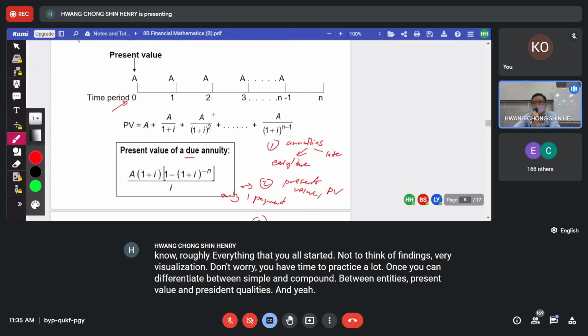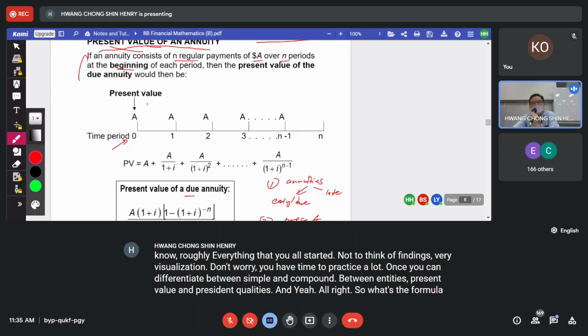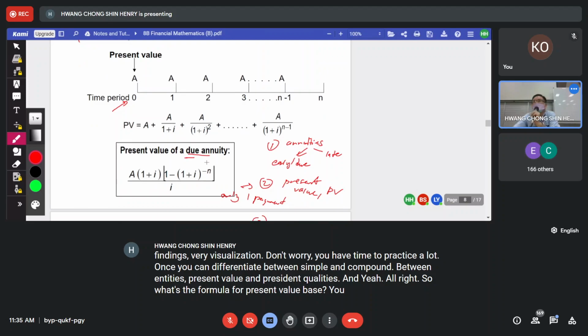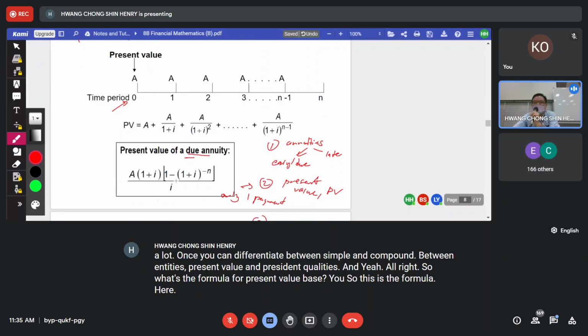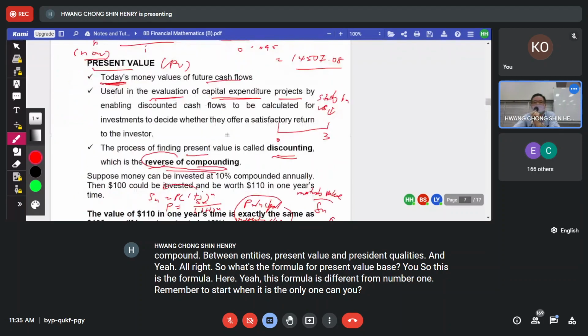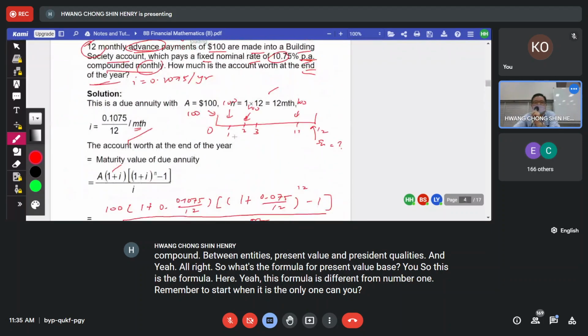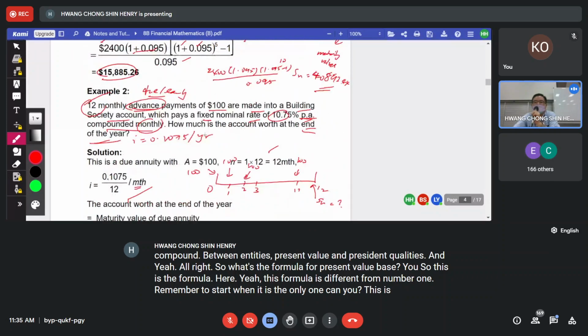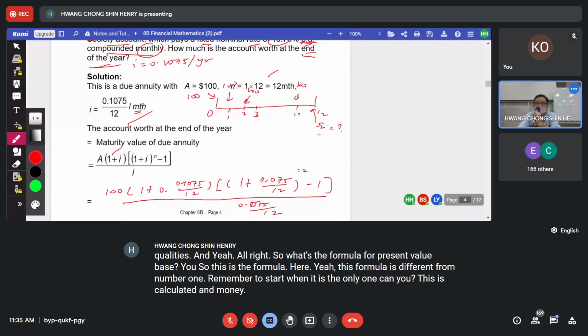Okay, all right. So what's the formula for present value based on this? So this is the formula. You see, this formula is different from number 1. Remember just now annuities, the early one. Can you go back to this formula again? Which one? This one, right? This is to calculate the end money. You calculate the end money based on the annuity early.